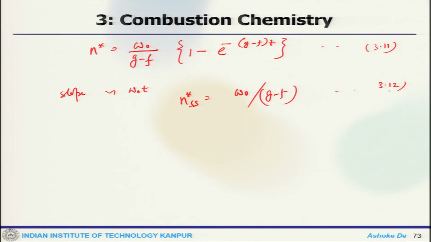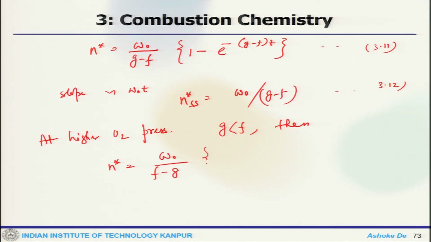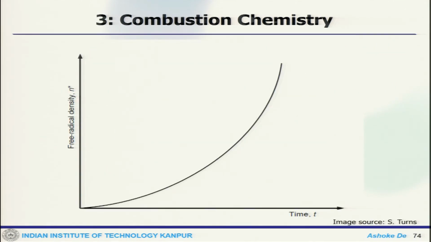At higher O2 pressure, G is less than F. Then the solution remains n* = W0/(F - G) (exp((F - G)t) - 1), which is 3.13, and if we plot that, this is how the free radical density evolves with time.